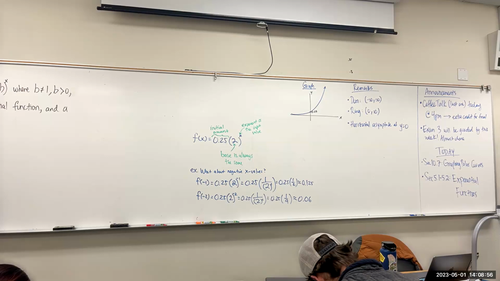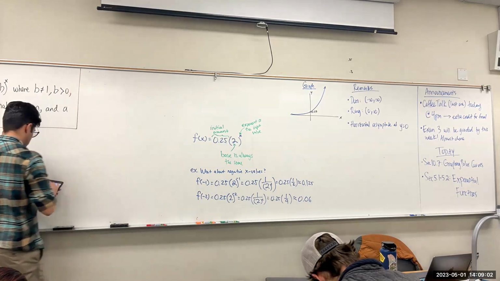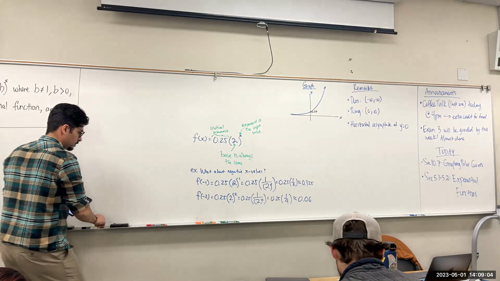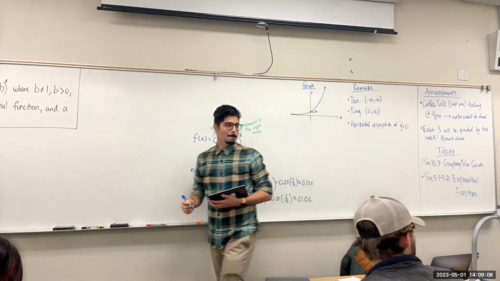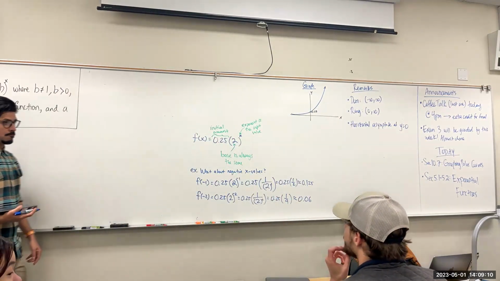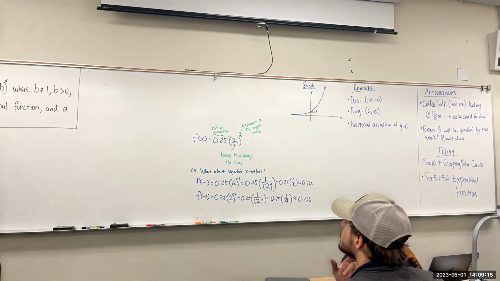How much you start with. So b can't equal 1 and it has to be greater than 0, so it can be 0.5, and it can be 1.2, it just can't be 1.